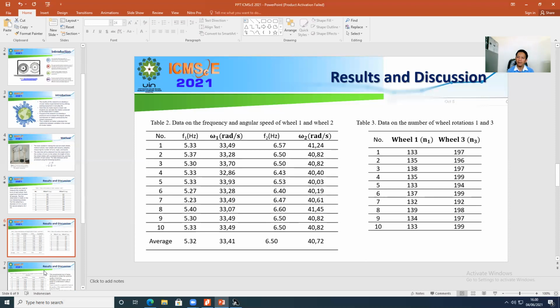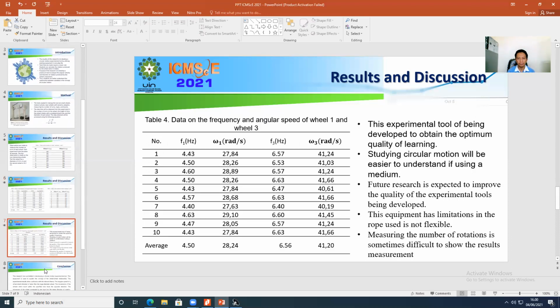And the data of the number of rotations of wheel 1 and 3, table 3, is the description of wheel 1 and 3, number of 10 rotations.